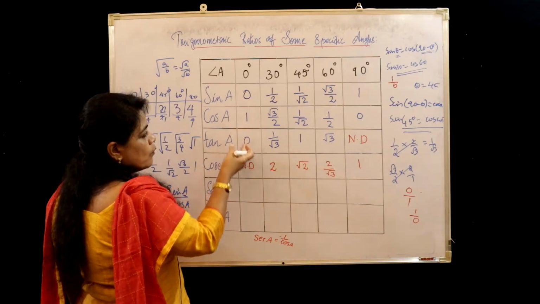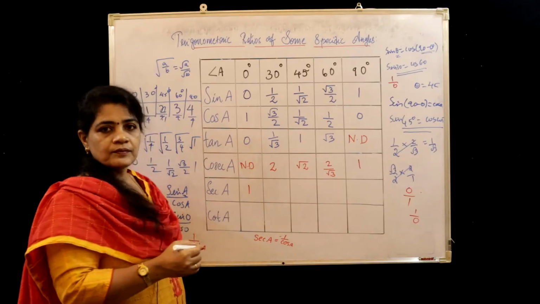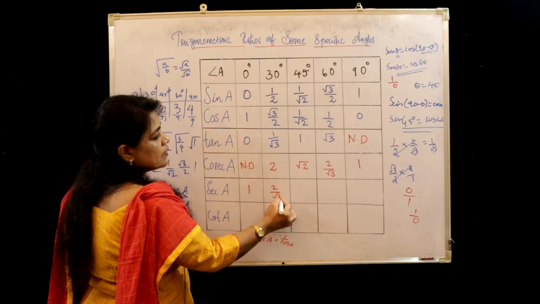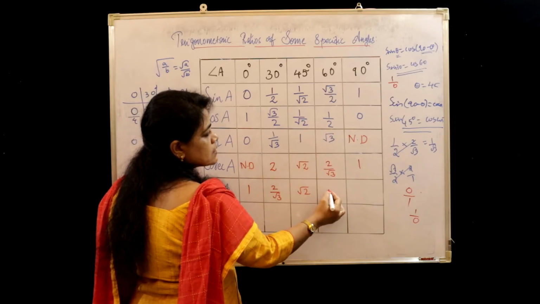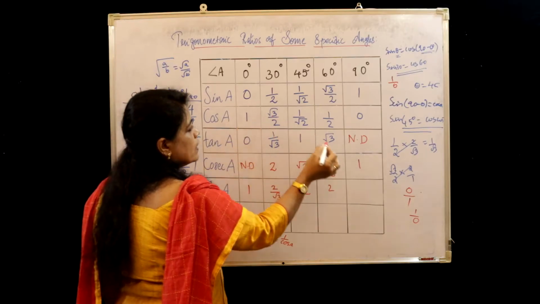So the reciprocal of 1 is 1 itself, and of root 3 by 2 is 2 by root 3. Of 1 by root 2 it is root 2, and of 1 by 2 it is 2 by 1.